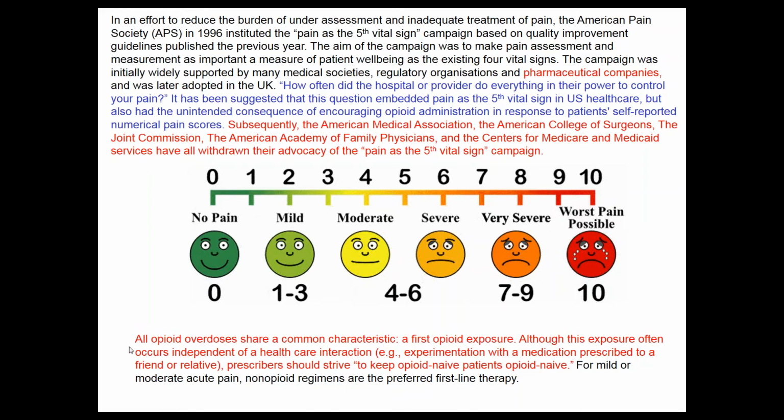And the man that wrote the review that I'm going to show you says all opioid overdoses share a common characteristic, the first opioid exposure. And the idea would be to keep opioid naive patients opioid naive and to not start in this chain of events. But he doesn't quite have the courage to say that this should be abandoned.